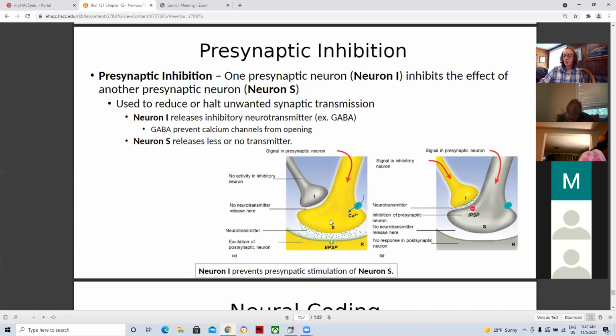So neuron I is going to inhibit presynaptic stimulation of neuron R.